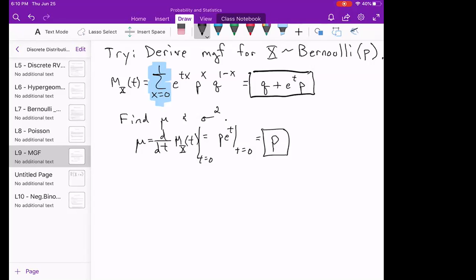How do you get P? It's all right there. P is in the MGF, which is the box up on top. And so when you take the first derivative, you get P e to the t. And then when you evaluate at t is 0, you have P times e to the 0, e to the 0 is 1, and you're left with P.